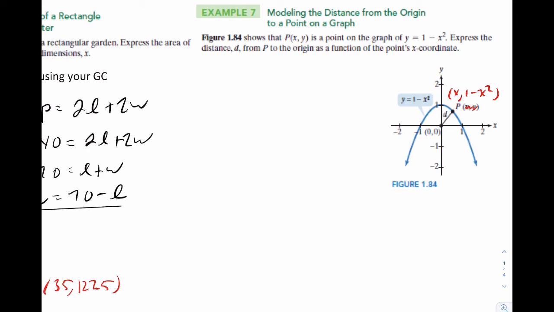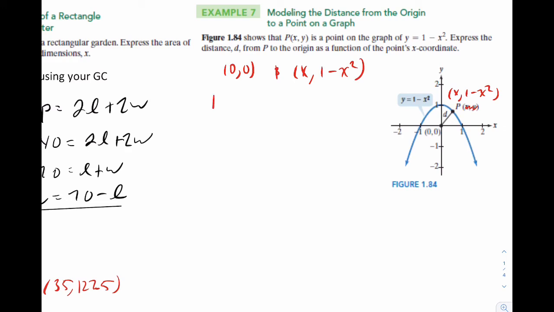That's kind of profound because if the parabola is y equals 1 minus x squared, you don't want to actually write it as xy because that's not helpful. What you want to do is rewrite this y part as an actual function in terms of x, because now we have this nice point. And for distance, we just need 2 points. We have the origin, which was told to us right here, and the point x comma 1 minus x squared.